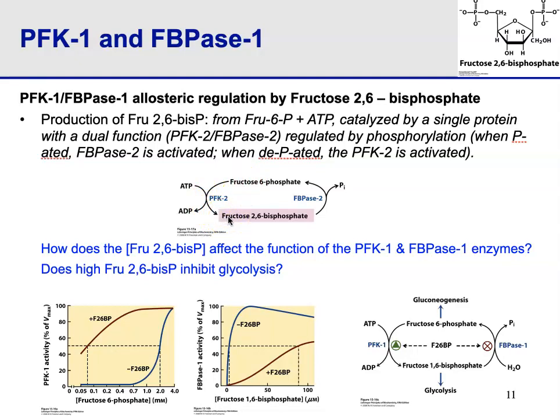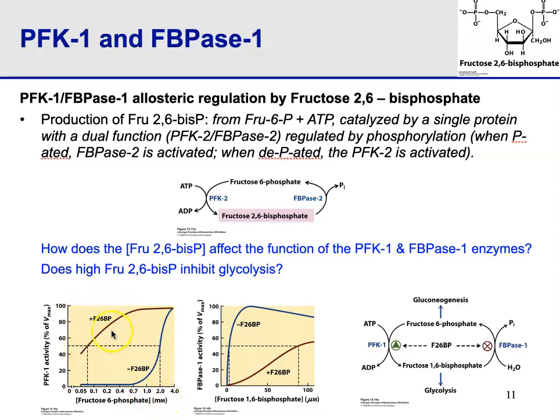Now let's look at these graphs and see how they agree with this graph, showing that fructose 2,6-bisphosphate activates glycolysis and deactivates gluconeogenesis. So how does the concentration of fructose 2,6-bisphosphate affect the function of the PFK1 and FBPase1 enzymes? Let's look at this graph: activity of PFK1 based on fructose 6-phosphate concentration, which is the substrate of PFK1.